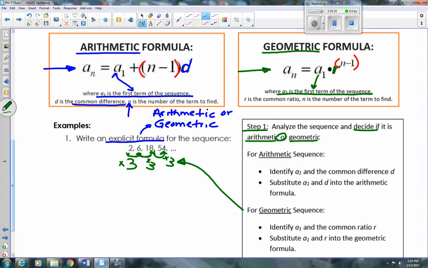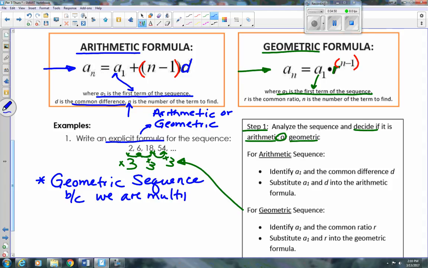So for a geometric sequence, once I know that this is a geometric sequence, and I know that because we are multiplying the previous term by a constant, in this case, our constant is 3.